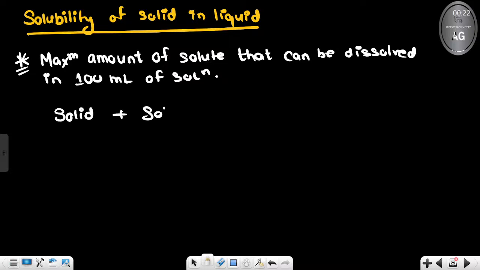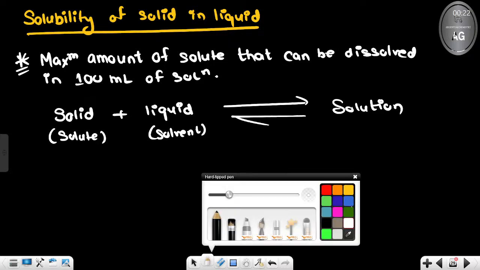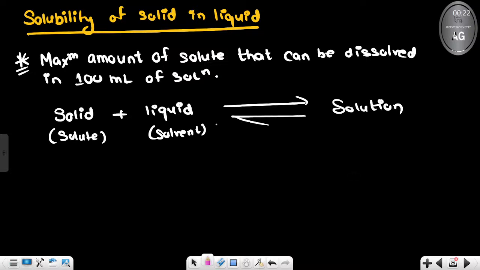Now next, solid plus liquid, where solid is a solute and liquid is a solvent. So this forms a solution. Now there are two parts of this.